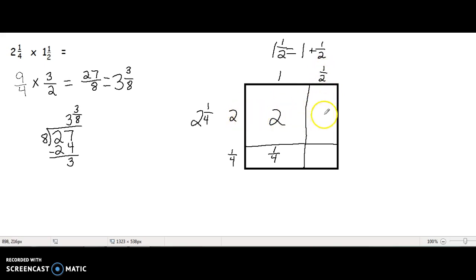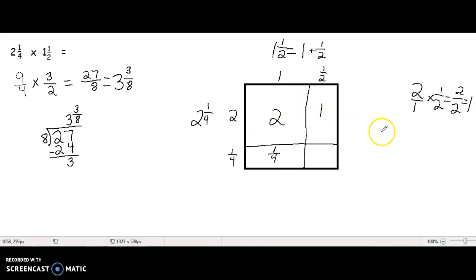I might want to go off to the side and actually do that multiplication of 2 times 1/2. As I learned earlier in the chapter, I'm going to put that whole number over 1. So that's the numerator, and now 1 will be the denominator. I just multiply across and I get 2 over 2, which is the same thing as 1.